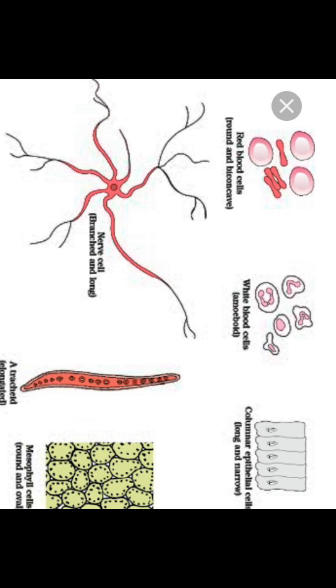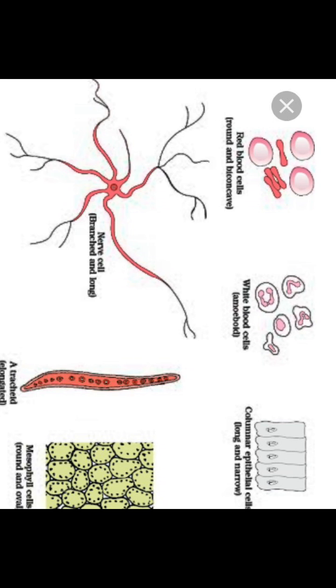Understood? Elongated, a plant cell can be seen here on the diagram, a tracheid, which is red in color, from last the second one. Next, mesophyll cells, round and oval shape. They are also plant cells. What is their shape? Round and oval shape.